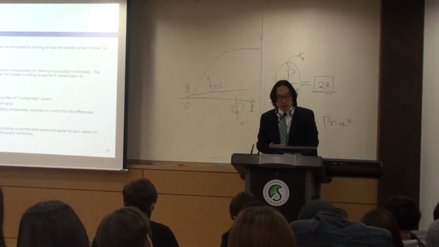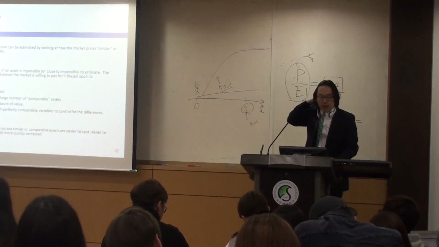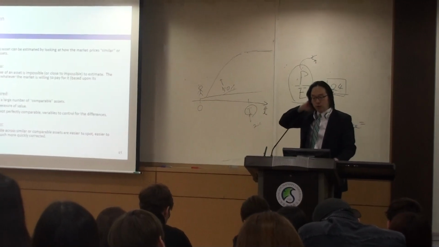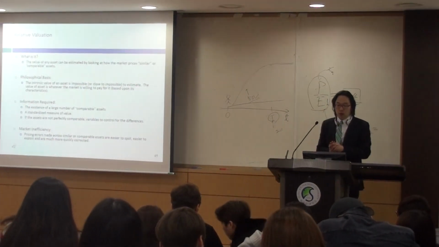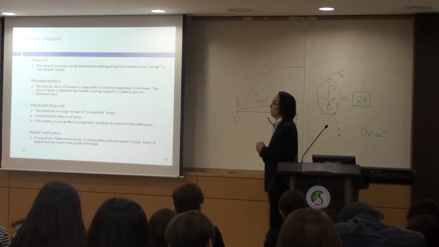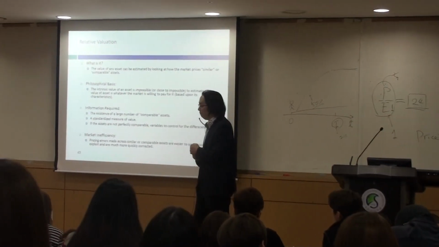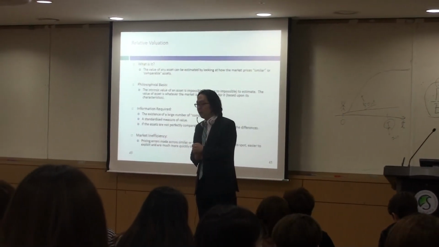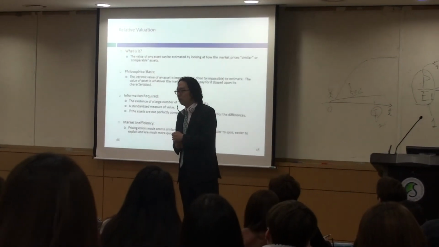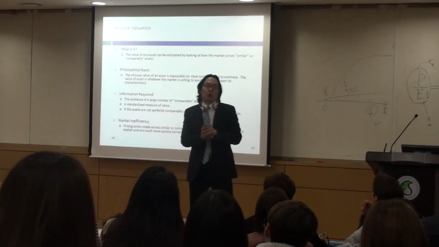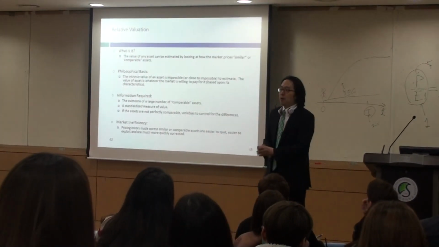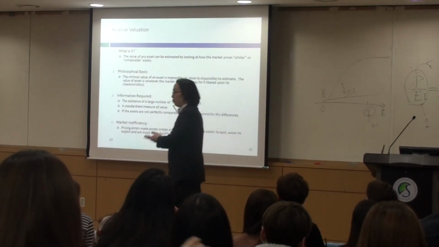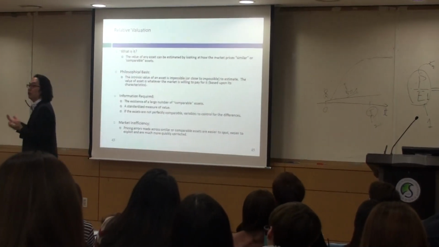The relative valuation: the value of any asset can be estimated by looking at how the market prices similar or comparable assets. Did I tell you about the apartment story? It's like this. When you're valuing your apartment unit, how would you value it?